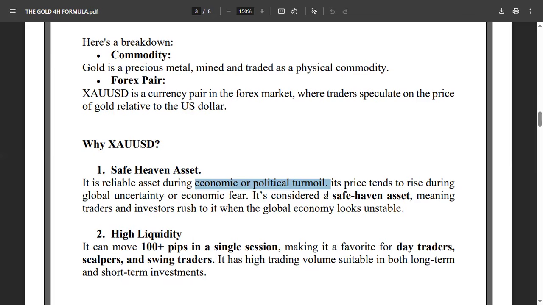Now, in order to protect yourself from the devaluation, you need to buy gold, since gold does not lose value. So in order to protect your money, you need to buy an asset that does not lose value.